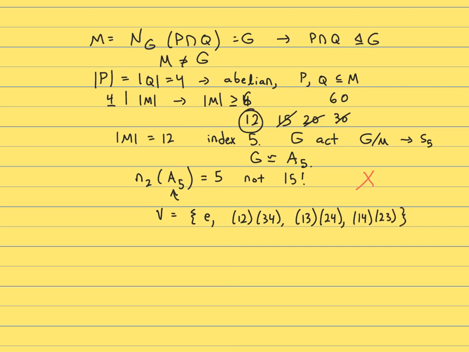The other 4 groups essentially correspond to replacing one of these numbers with 5. So you pick one of your favorite numbers, replace it with 5. That gives you one distinct group. There's 4 possible ways to do it. It gives you 4 different groups.